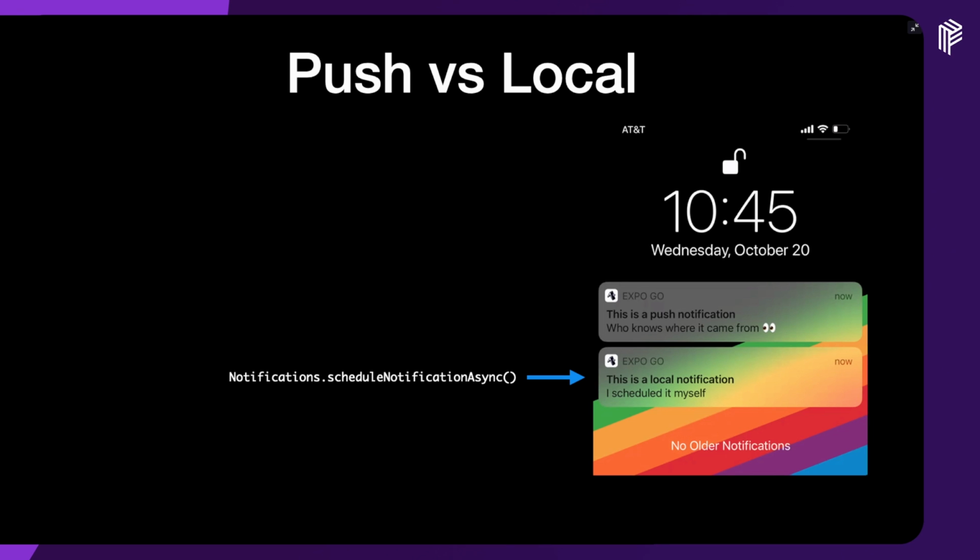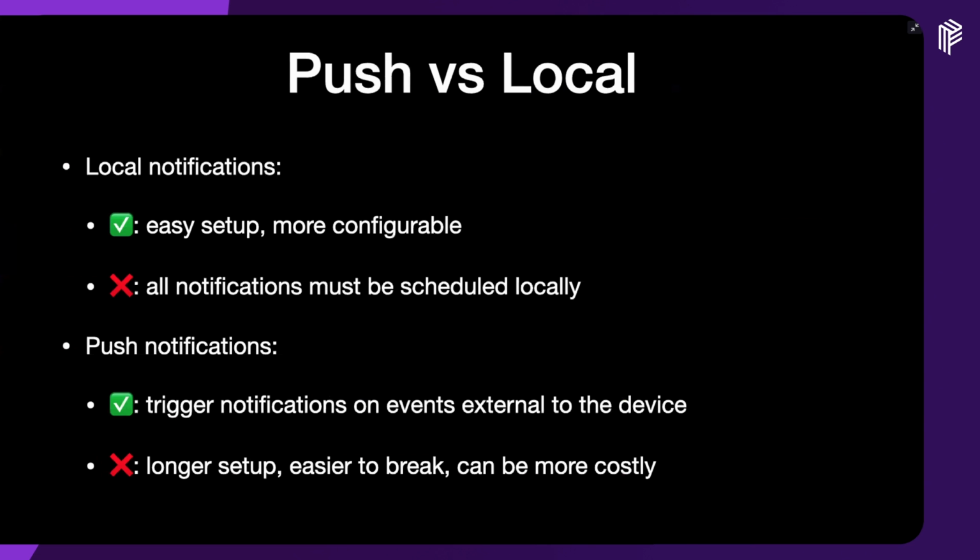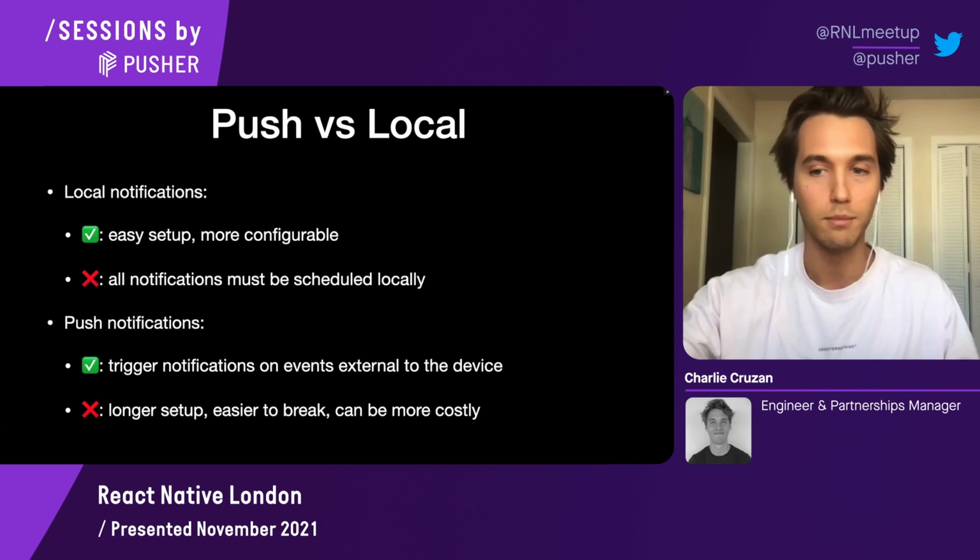So if they both look the same and they both function the same, then when should I use a push notification versus a local one? It's actually pretty easy to break this down. Local notifications are generally much easier and faster to set up, but come with a little bit less flexibility. For instance, with local notifications, you need to know ahead of time when the notification comes up.